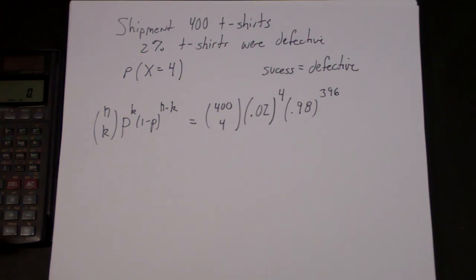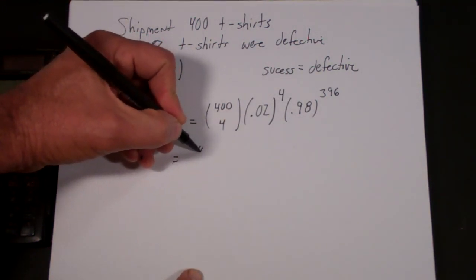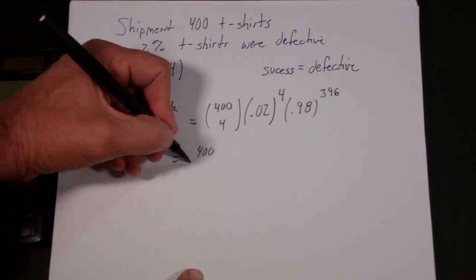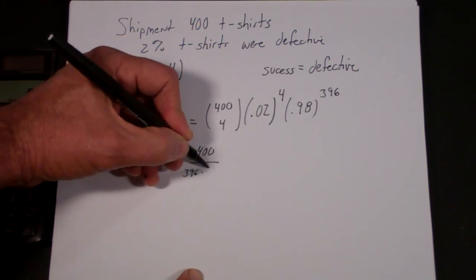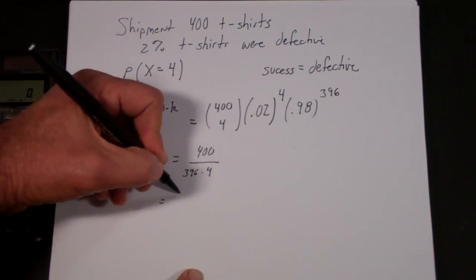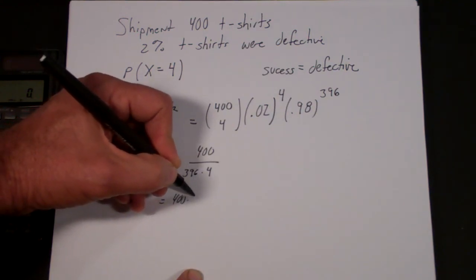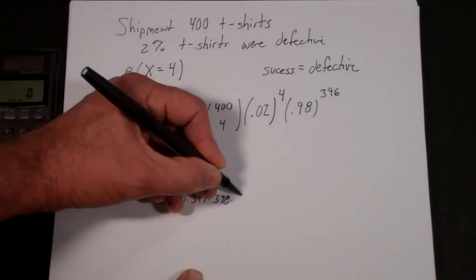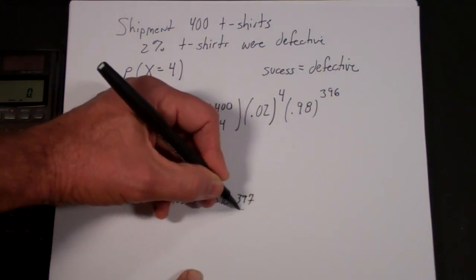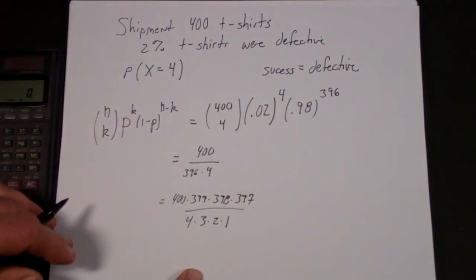So you have 400 choose 4. Even though I can plug this in the calculator, sometimes I like doing this partially in my head just so I make sure. This is 400 factorial over 396 factorial times 4 factorial. The 396 factorial cancels. That's 400 times 399 times 398 times 397 over 4 times 3 times 2 times 1.